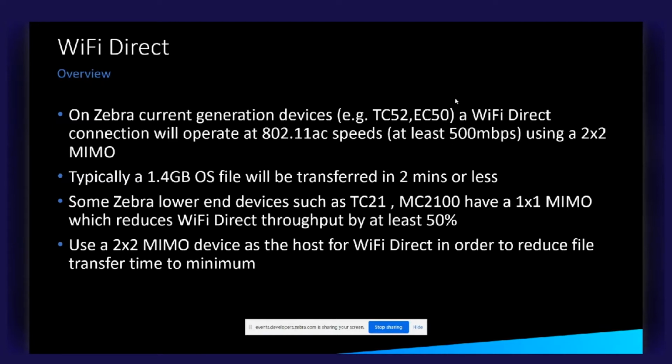Even if you use, say, a TC52 as a host device, it's going to be limited by the 1x1 MIMO design on the client device. So if you want maximum speed, then you want to use 2x2 MIMO devices. So for example, two TC52s connected together through Wi-Fi Direct will give you the minimum transfer time for the OS images.